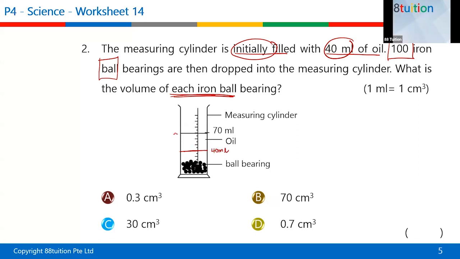So what Naksh is saying is I need to find the difference. So what is the difference, Naksh? The difference is 30 ml. Okay, 30 ml, or as you can see here, it's also 30 cm cube. So, Cheslin, can you tell me, this 30 cm cube is the volume of what?